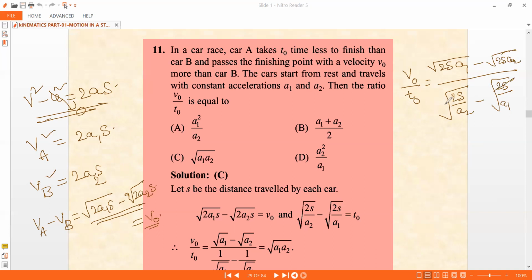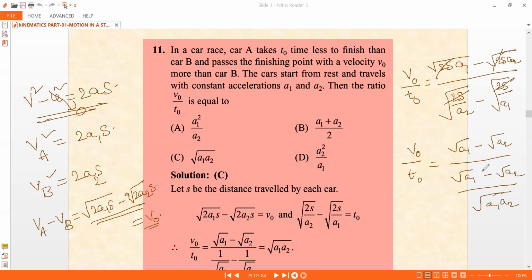Root 2S cancels out in numerator and denominator. What you have is V naught by T naught equal to square root of A1 minus square root of A2, divided by, taking the LCM, square root of A1 minus square root of A2 whole divided by root of A1 A2. These terms get cancelled, so you end up with square root of A1 A2.